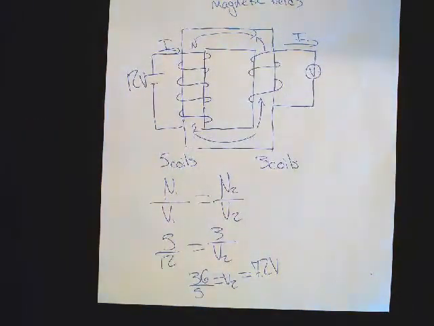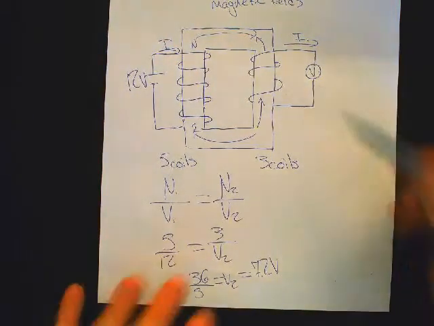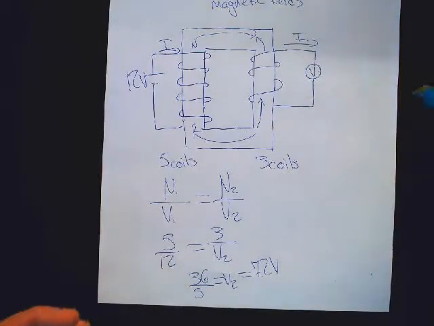So this would be what we call a step-down transformer. The voltage has now been stepped down into the second set. This is what you see on most devices you plug into wall outlets. Your cell phone charger, that brick that sits on the wall, is a transformer.